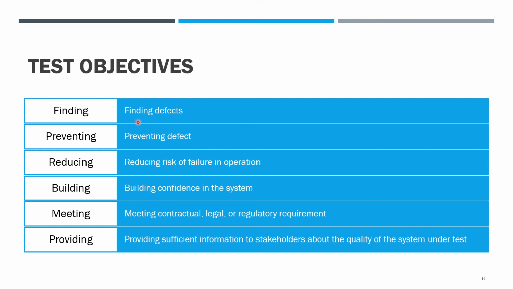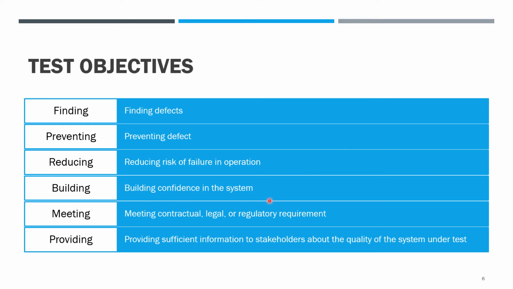It is also done to prevent defects. Of course, when you find them, you can prevent them from happening and reduce the risk of failure in operation. You don't want to put a system live and then have a system error happen when the user actually uses it.